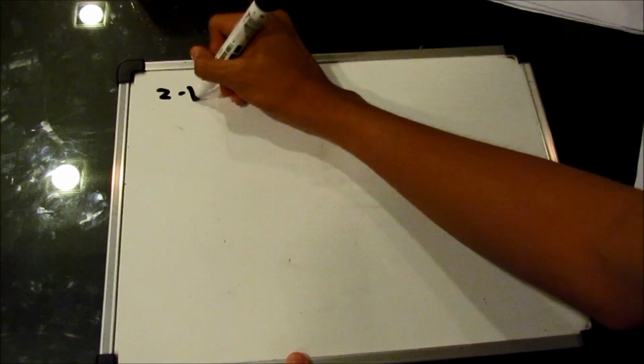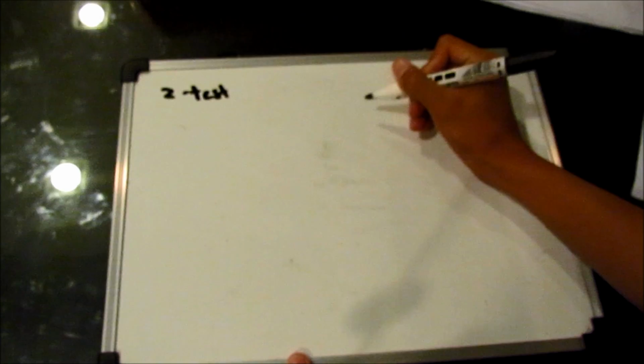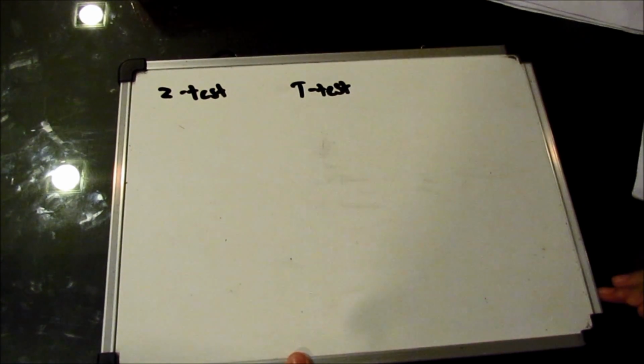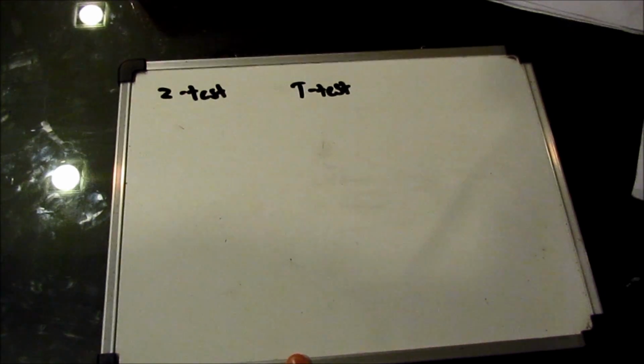There are two specific statistical tests for hypothesis testing on means, which is the z-test and the t-test. But we will be discussing the t-test.